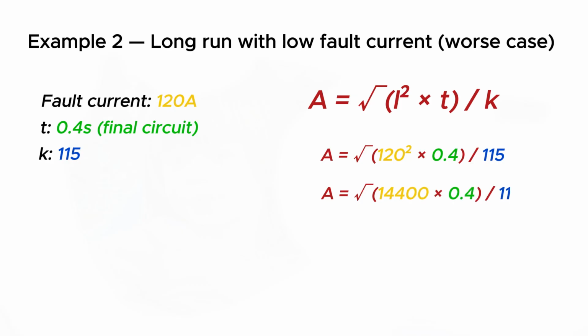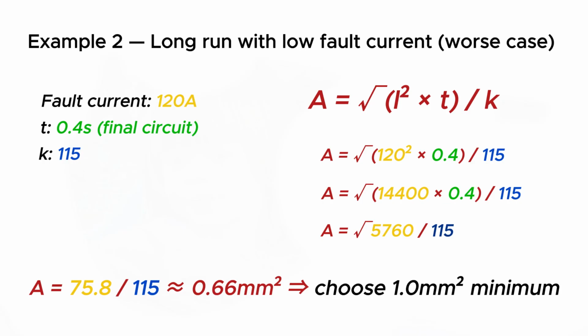A equals the square root of 14,400 times 0.4 divided by 115. A equals the square root of 5,760 divided by 115. A equals 75.8 divided by 115, approximately 0.66 millimeters squared. Choose 1.0 millimeters squared minimum.